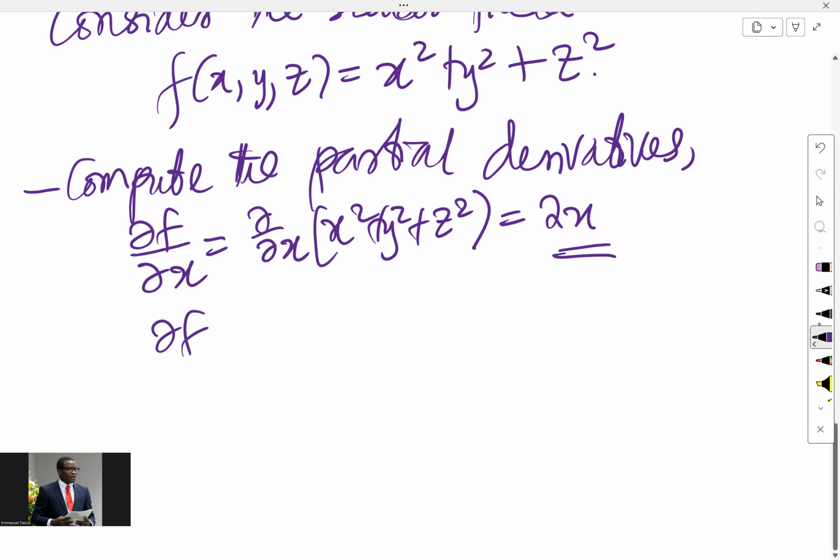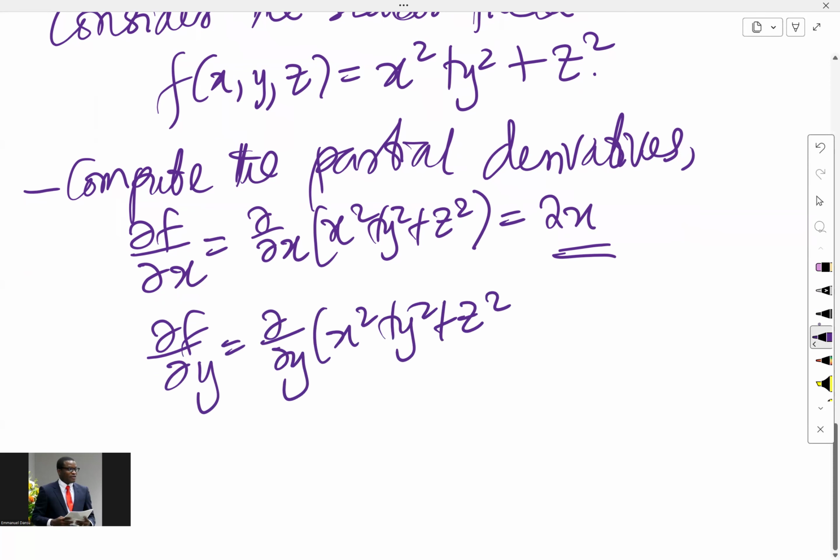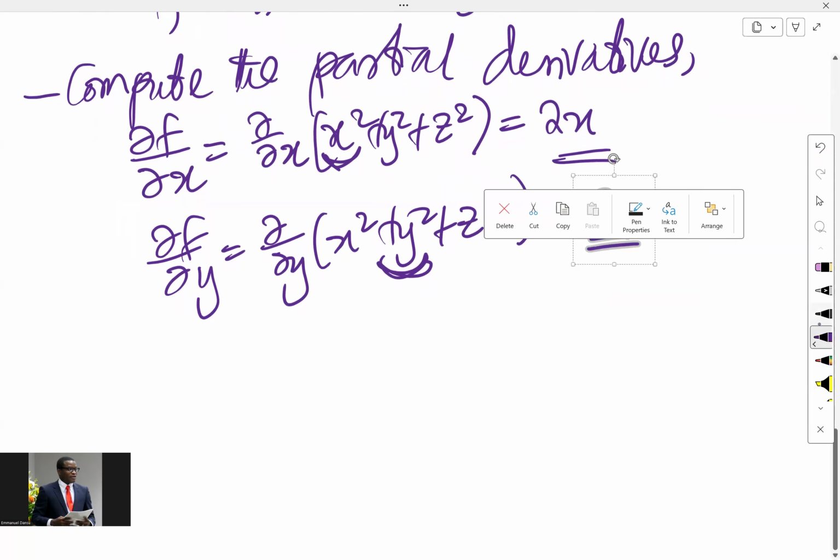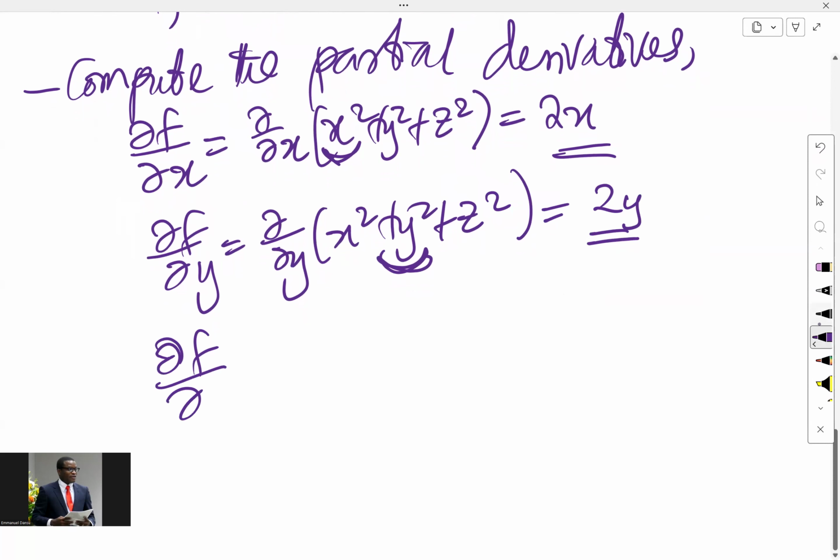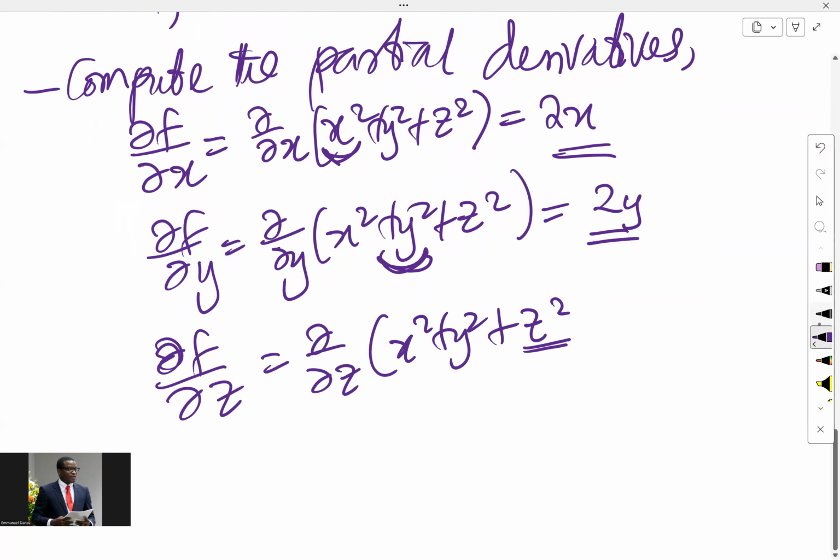Then partial f partial y: the focus is on y squared, because partial x squared partial y is 0 and partial z squared partial y is also 0, so it is 2y. The same applies to z: partial f partial z is simply 2z.